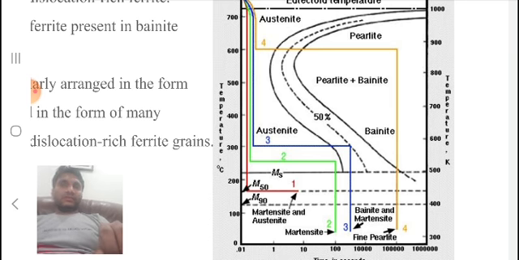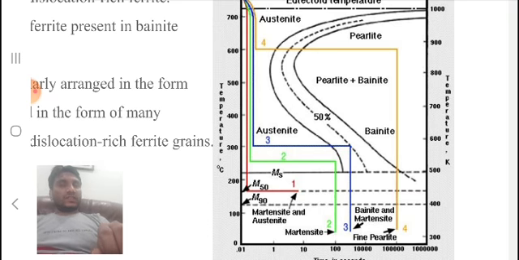To get a fine perlite, we cool to just around 700 degrees centigrade, and to get it even finer we bring it to around 680 degrees centigrade. But at 650 degrees centigrade, what we get is sorbite, and at 600 to 550 degrees centigrade, what we get is trustite.